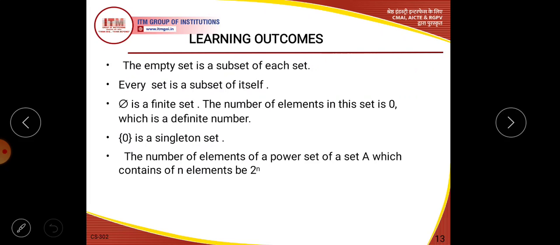Now the learning outcomes. This is very important. What have we learned from this video? We have learned so many important points.